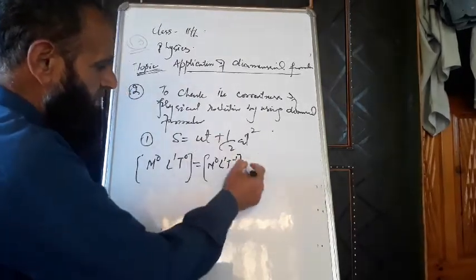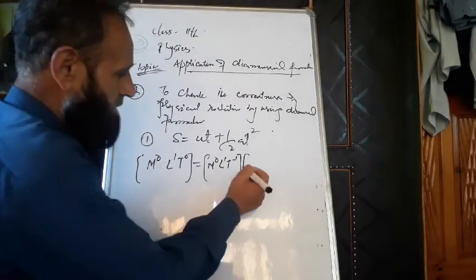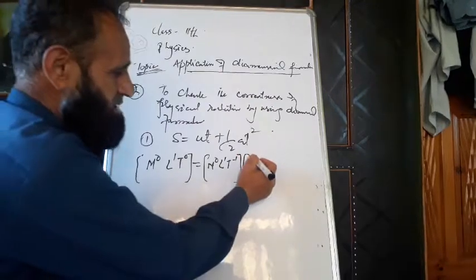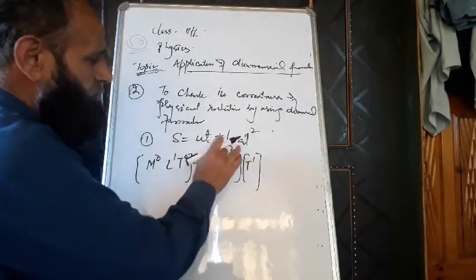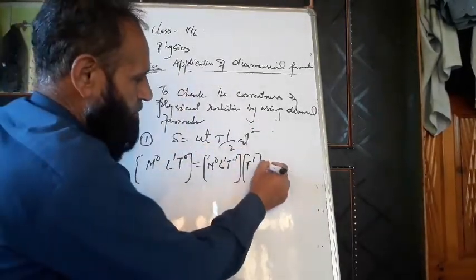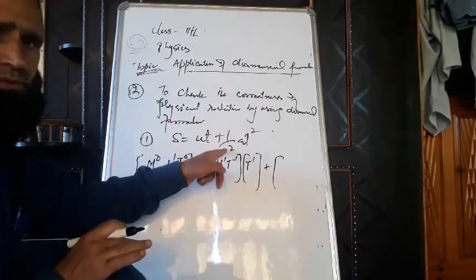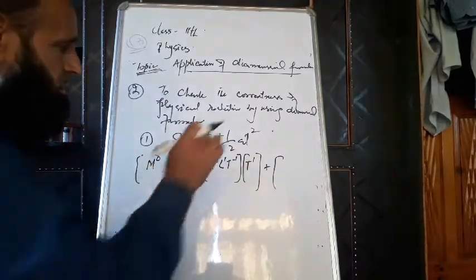It is multiplied by time. Time is just T1, M is 0, L is 0. Plus, don't write this 1/2, no need of this, we have to check it dimensionally. We don't consider these constant quantities.